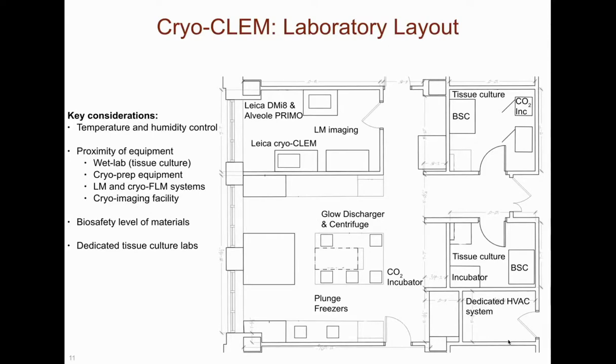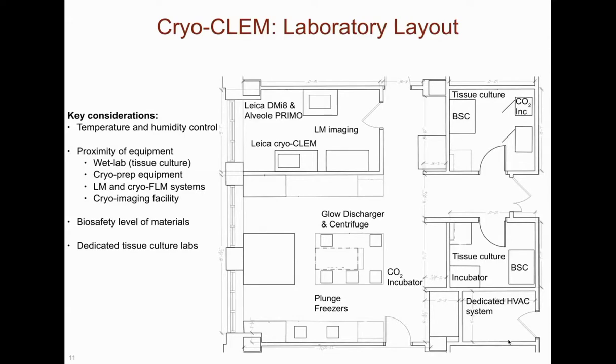The laboratory has a dedicated HVAC system to maintain constant temperature and low relative humidity levels necessary for minimizing frost and ice contamination to cryospecimens during cycles of specimen preparation, transfer, and imaging.